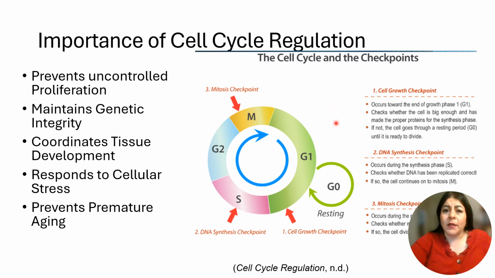Here we have the location of these checkpoints. So from G1 to the S phase, right before G1 ends is the first cell growth checkpoint, making sure that everything that is necessary is there so it can proceed into DNA replication. And then, of course, we have a DNA synthesis checkpoint.